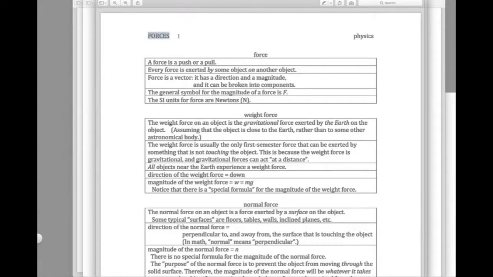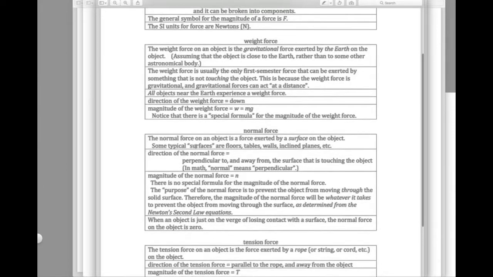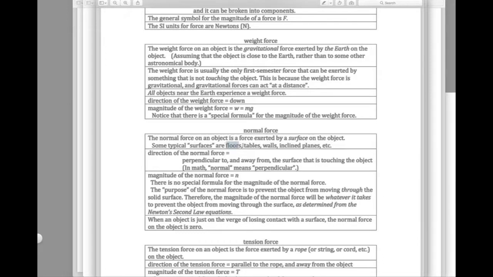Here on our forces handout, we have a list of the types of things that we typically treat as surfaces on problems. So some typical surfaces are things like floors, tables, walls, and inclined planes. Of course, for this particular problem, we're dealing with a wall. So I hope that this list will give you an intuitive feeling for the types of things that we treat as surfaces.